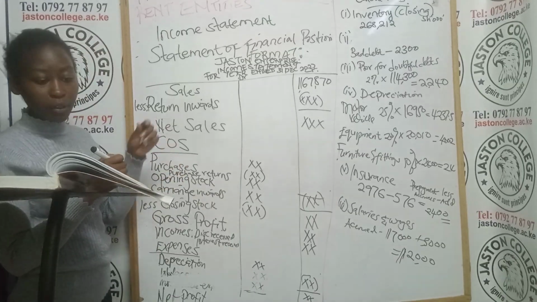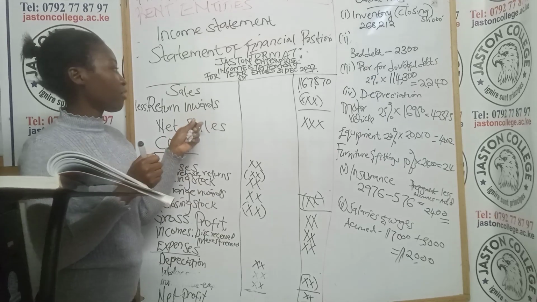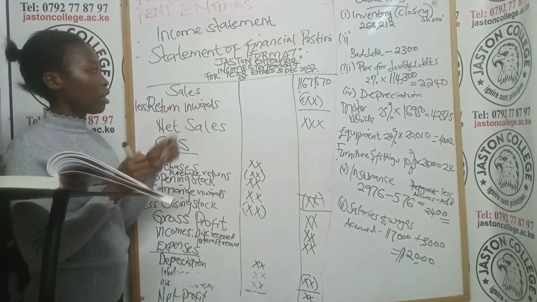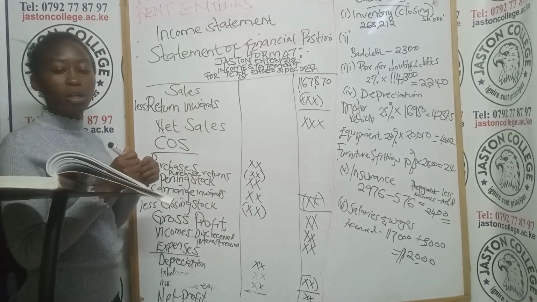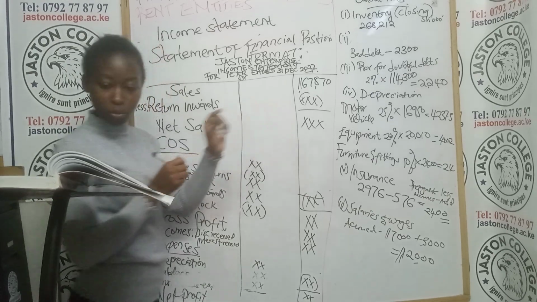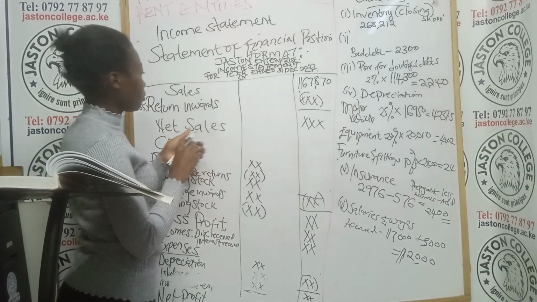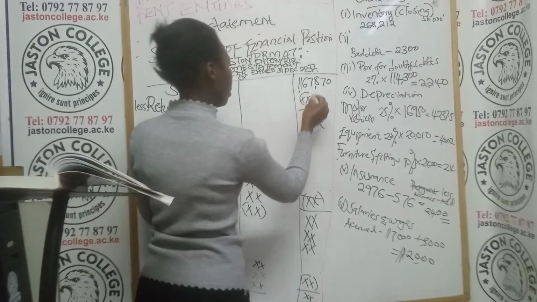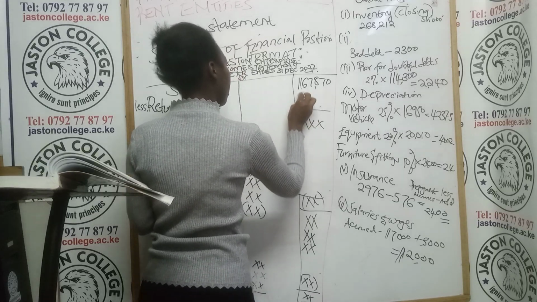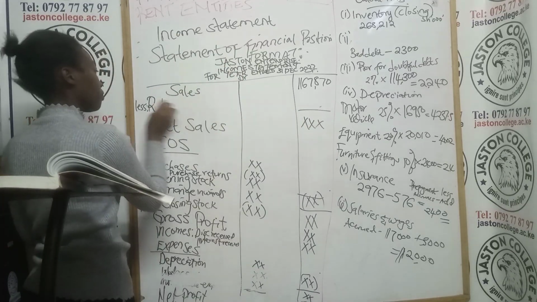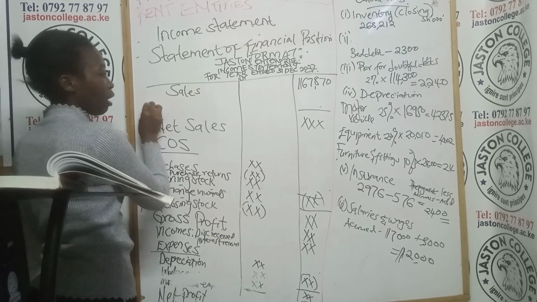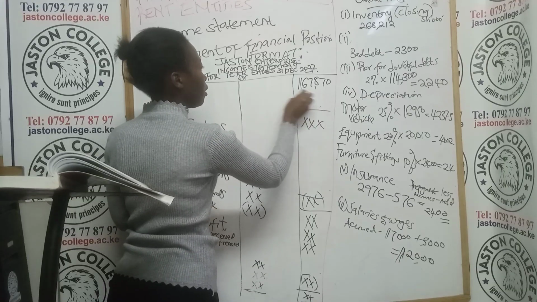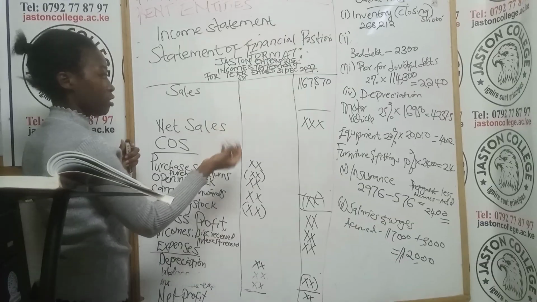That is our sales. Then we don't have the return inwards, so this one we will not put it. Then we just remove it. Return inwards, we don't have. So our sales will remain our net sales.